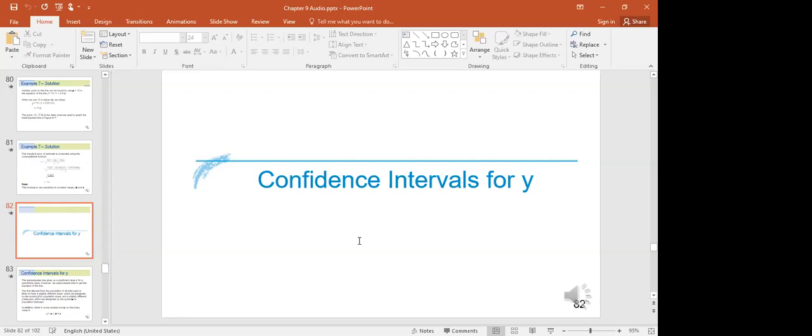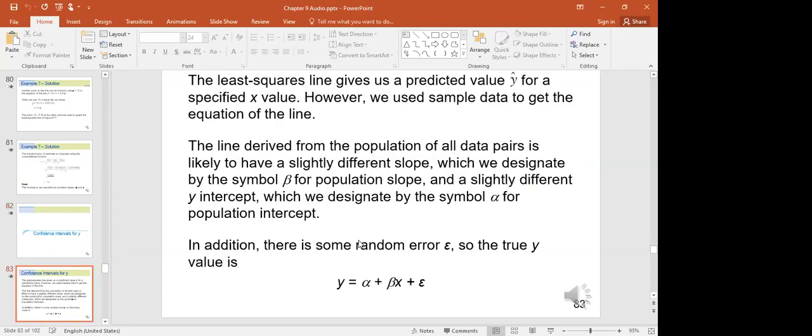We start with the confidence interval for y, which I don't generally ask you because all calculators are not yet doing it. Some calculators are able to do it, but some are not. Let me check if your calculator could do it now that you are here.